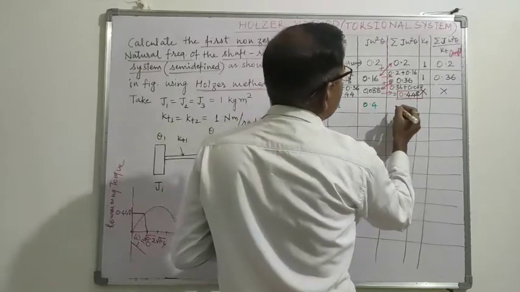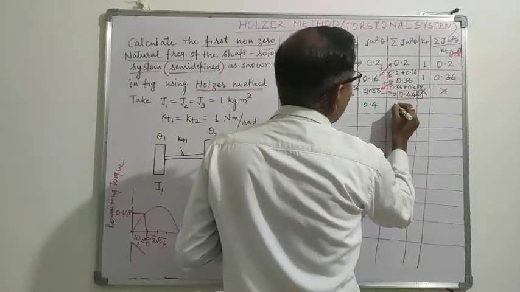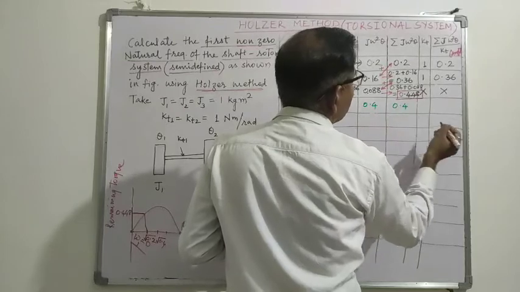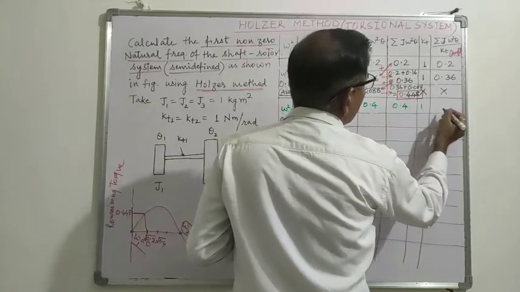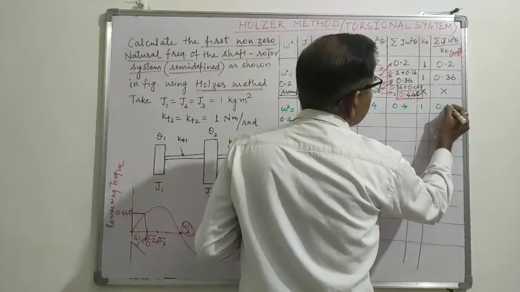Summation of the remaining torque is 0.4. The stiffness is 1, so 0.4 divided by 1, answer is 0.4.